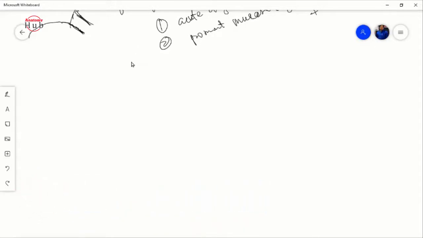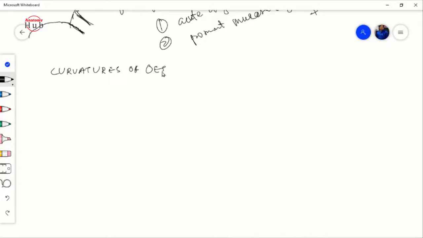Okay. So now we'll see the curvatures of the esophagus.